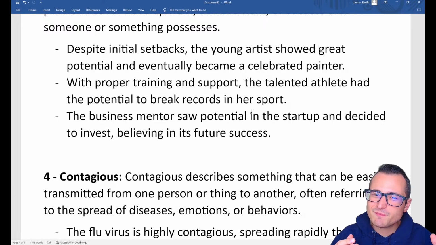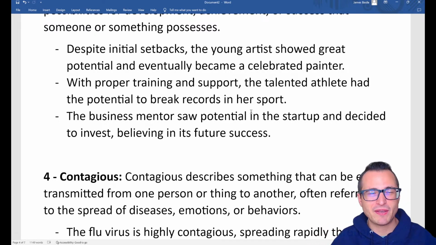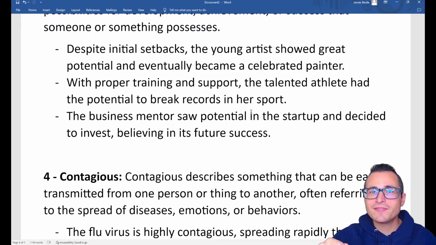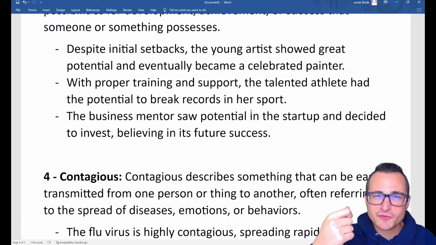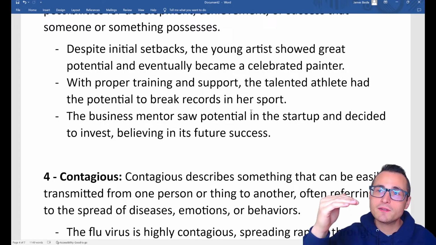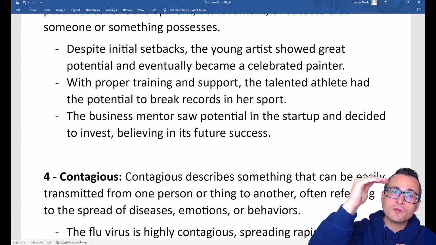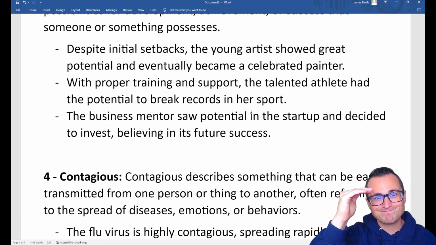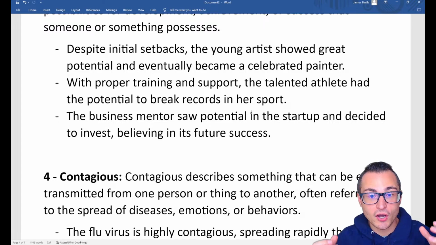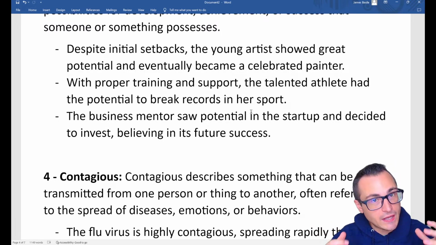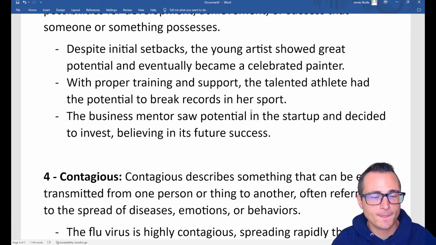They did not make the best paintings, but they kept trying, and eventually they got closer to their full potential, and they became a successful celebrated painter.